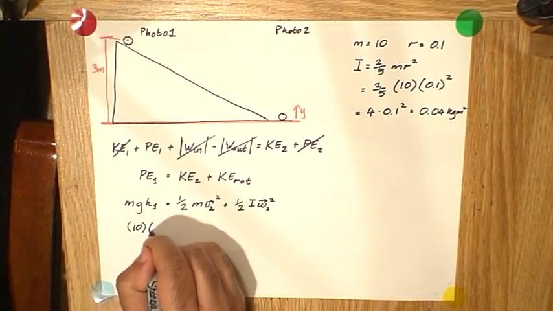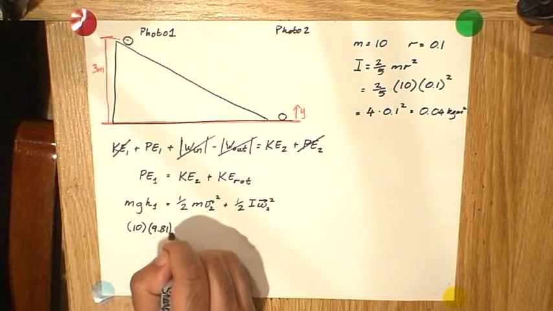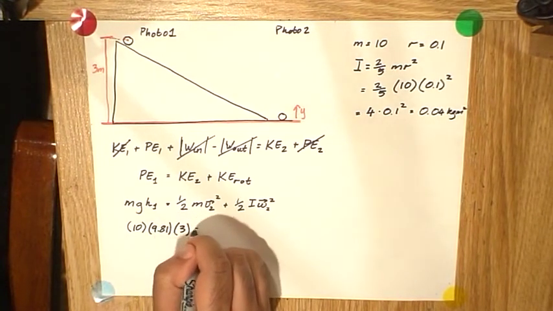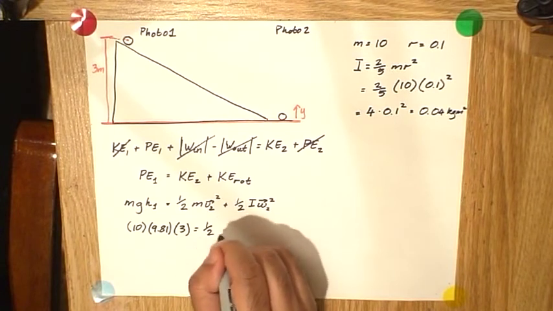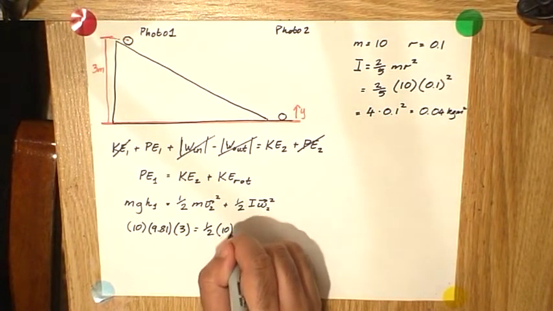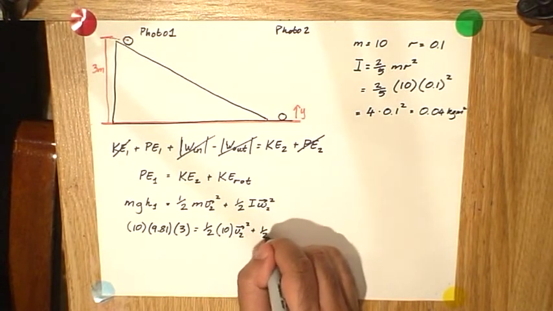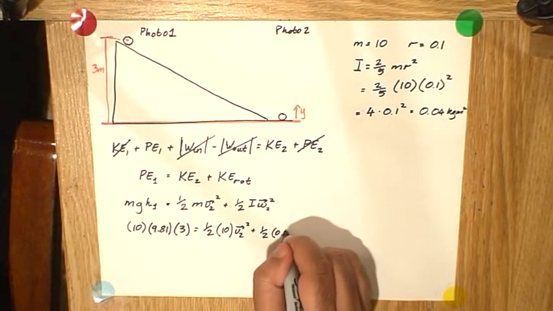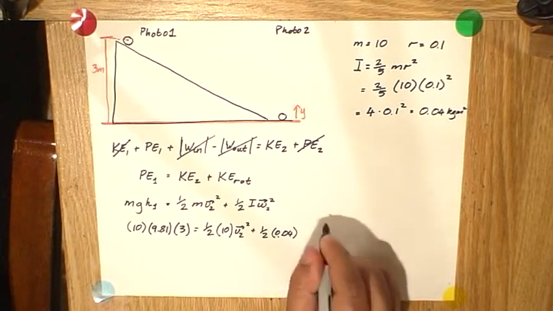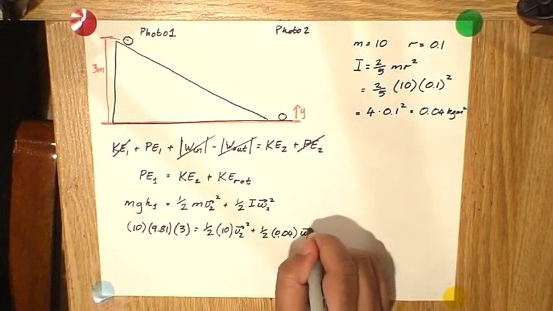Mass, 10. G, 9.81, height 3 equals 1/2 mass 10 v2 squared plus 1/2 I, 0.04, times omega 2 squared.